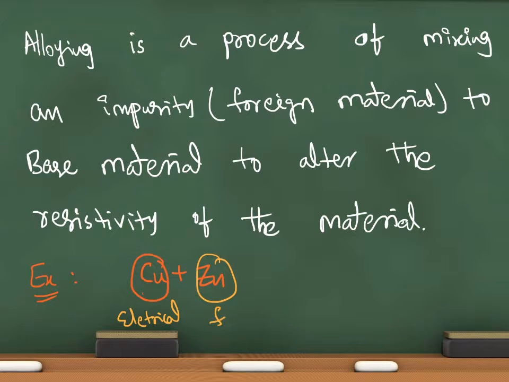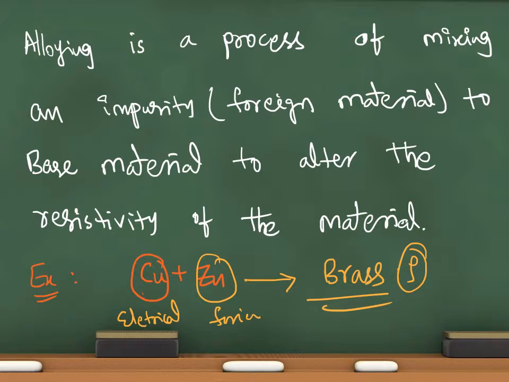Due to adding these, it will become brass, a combination of these things. Brass will have a resistivity which is different from copper. This is the process of alloying, and we will see more detail in the next slide.